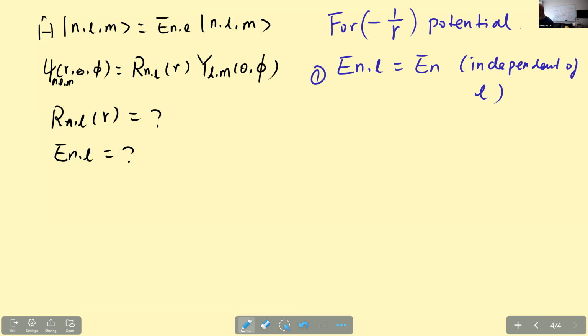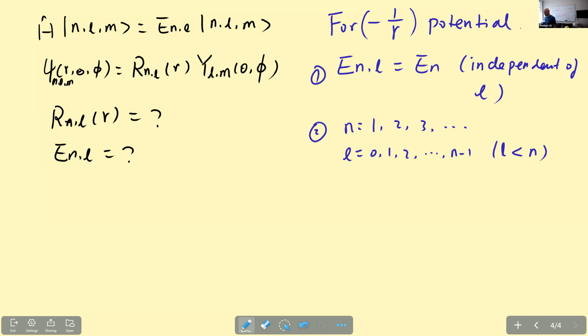Okay, secondly, for n equal to 1, 2, 3, and so on and so forth, l actually can equal to 0, 1, 2, and up to n minus 1. Okay, so l is always less than n.